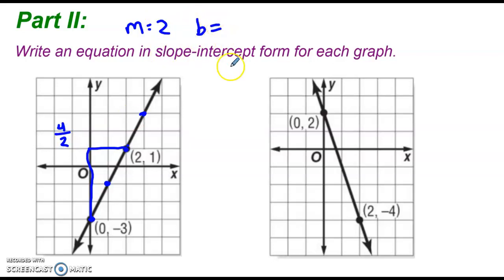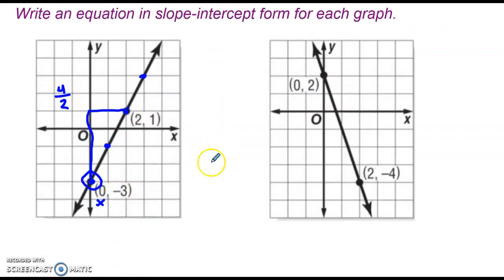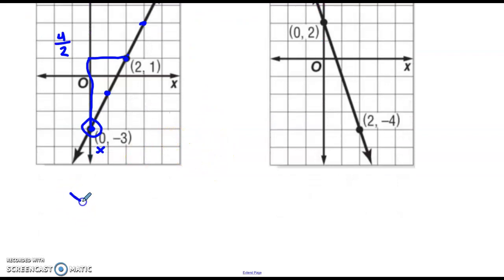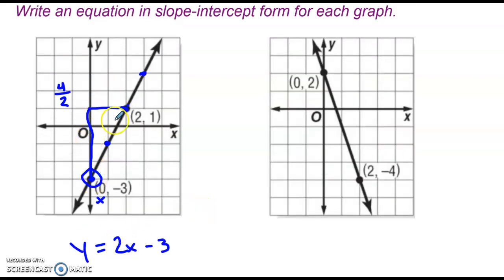You just look and see where that line crosses the y-axis, which is at this point here. We also know this is the y-intercept because the x value is equal to 0. And for this equation, the y-intercept is -3. So I write my answer by saying y equals 2x minus 3. And that's because +2 is our slope, and -3 is our y-intercept.